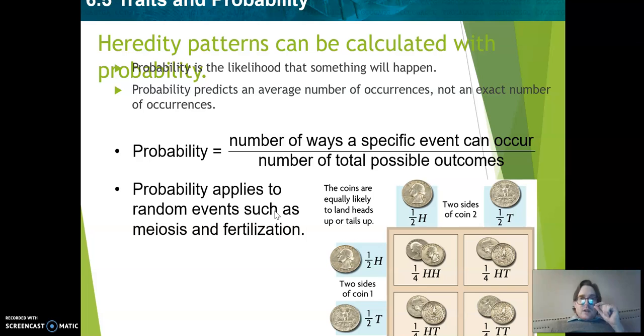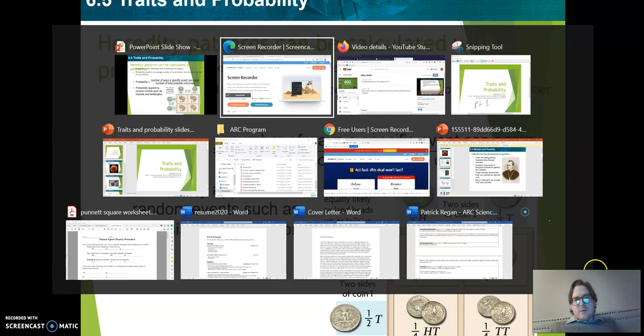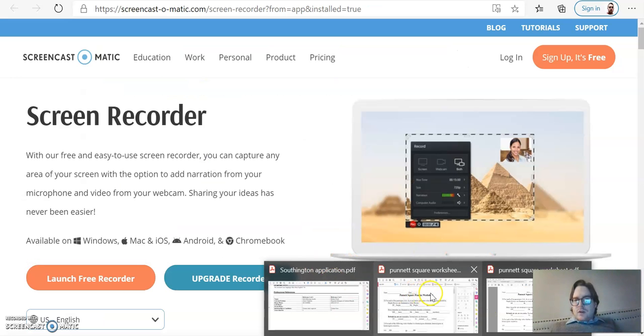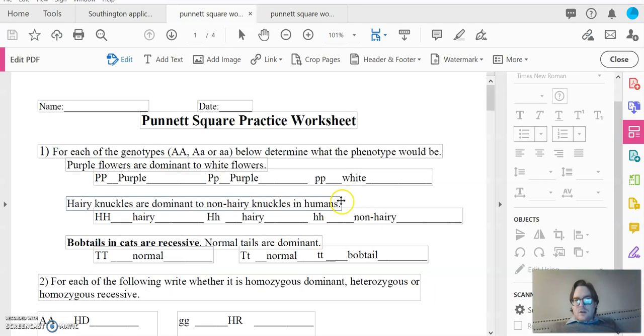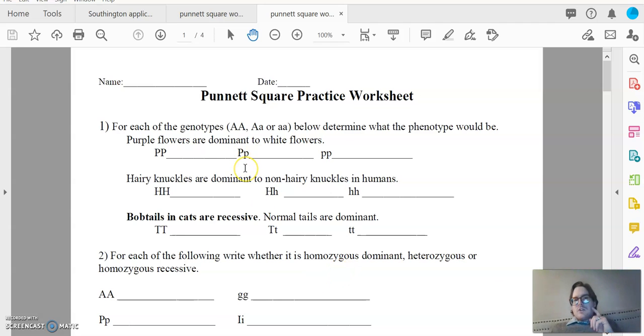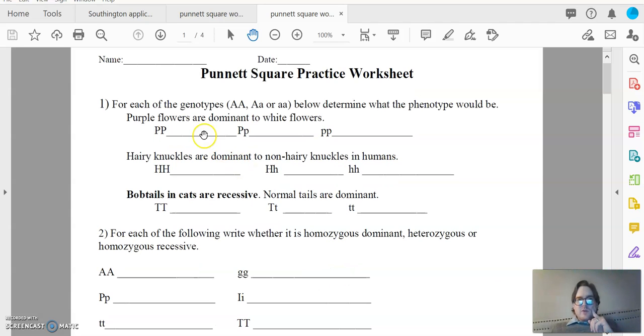So on the homework, I will have you fill out those Punnett squares and answer some questions that you'll learn from the Punnett squares and from the information given. And let me show you that assignment real quick. We'll go over that quickly here. Oh, there we go. So I'll have you work on this. It's the Punnett square practice worksheet for each of the genotypes.